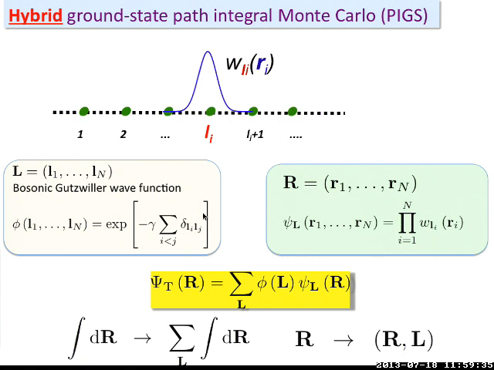Then, of course, for each lattice configuration L, you can imagine to write down the continuous space wave function. It is just the product of the orbitals corresponding to the different particles. But then, of course, you have to take into account all possible lattice configurations. Okay, and this is a sum of a huge number of terms, of course. Okay, because if you have N particles in N lattice sites, you can imagine that you have to sum N to the N possibilities.